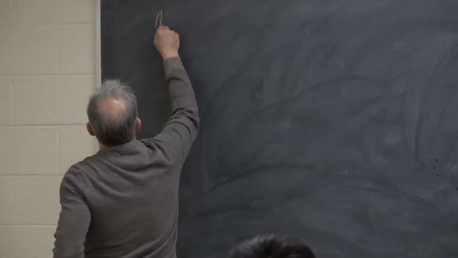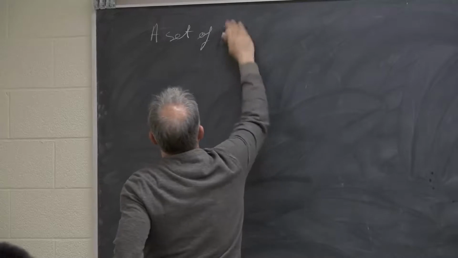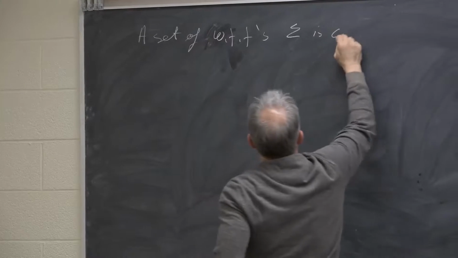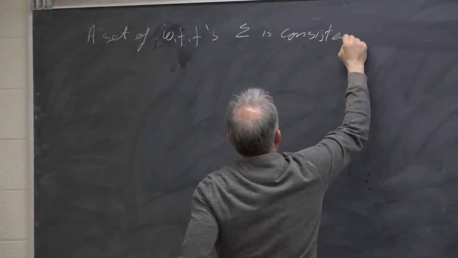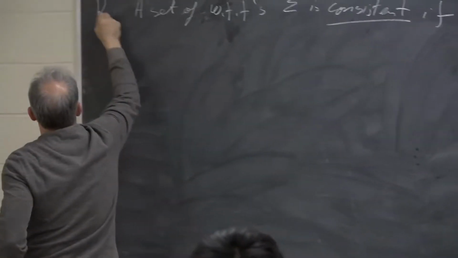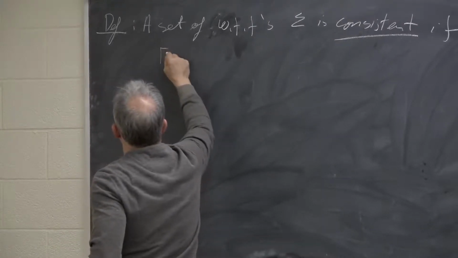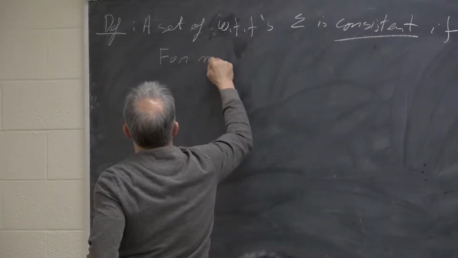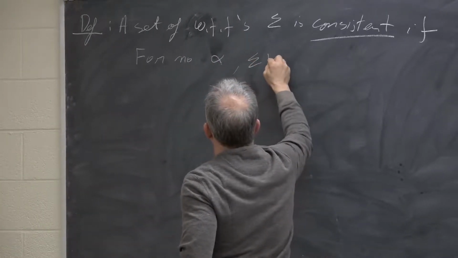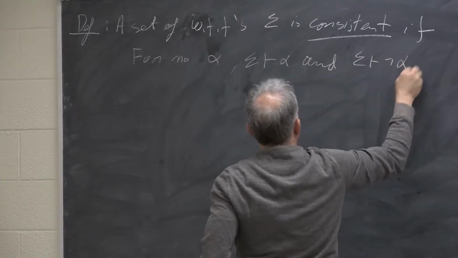We said that a set of formulas sigma is consistent if, so that was our definition, for no alpha, sigma proves alpha and sigma proves not alpha.